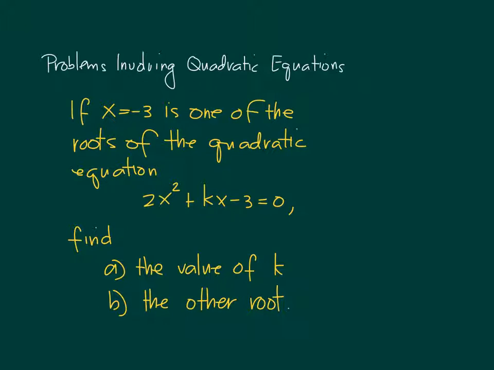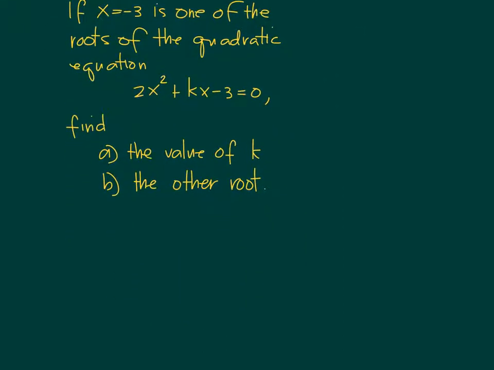Again, the plan for A, to find the value of k, we substitute -3 because it is a root and that is allowed, and then we will be finding the value of k. And then for the other root, once k is a number, all we have to do is to use a process of factorization.